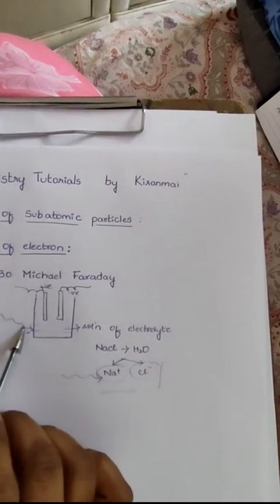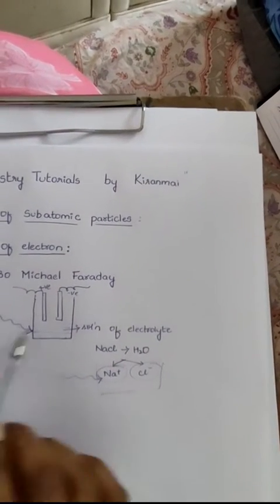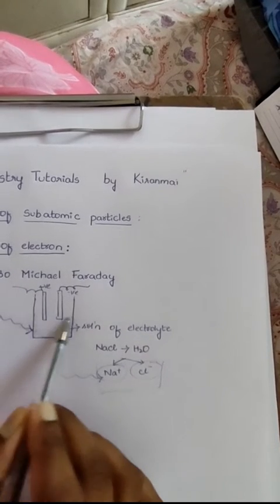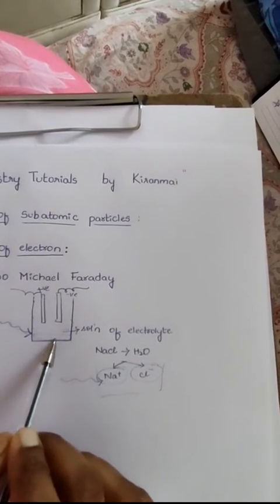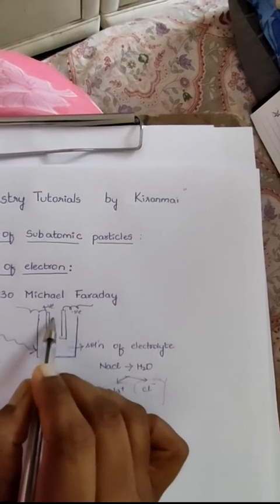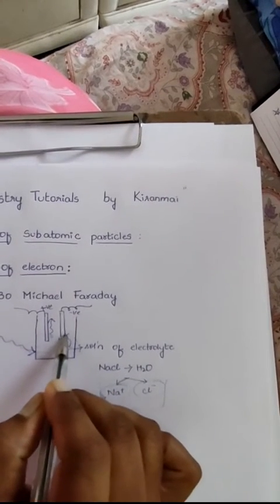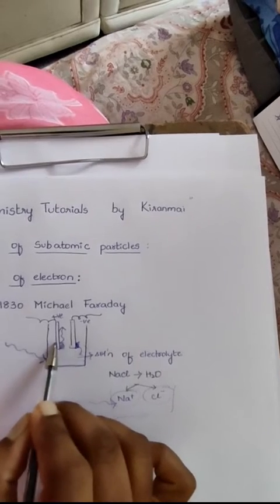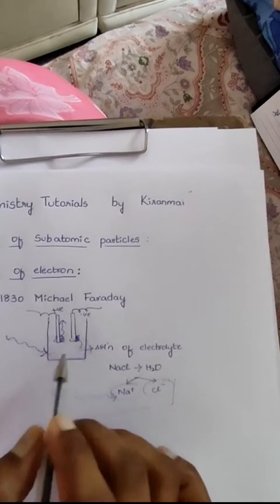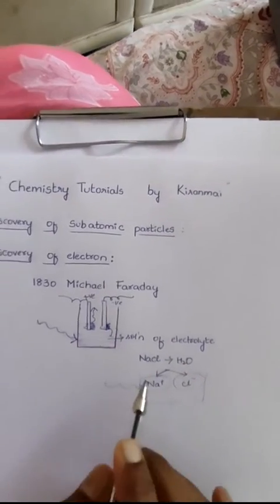When electricity is passed through this solution, chemical reactions occur in the electrolyte and result in the liberation or deposition of matter at the electrodes, that is, at cathode and anode.